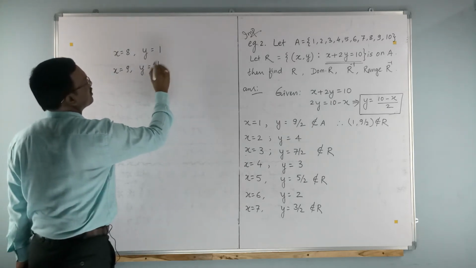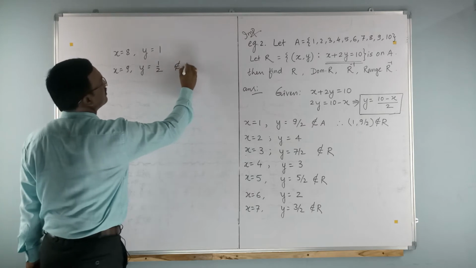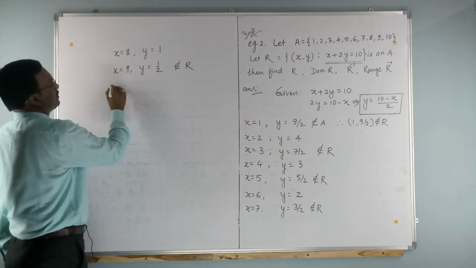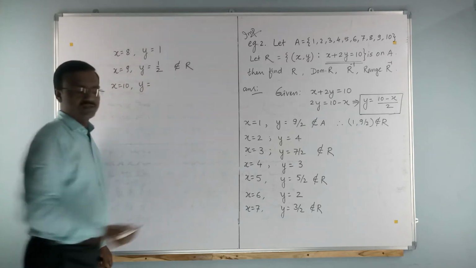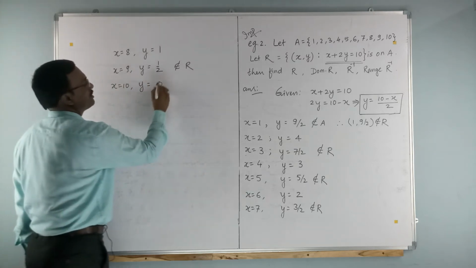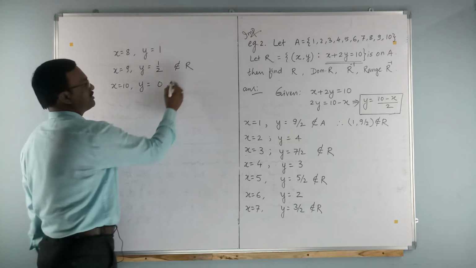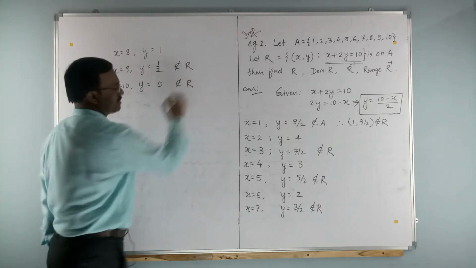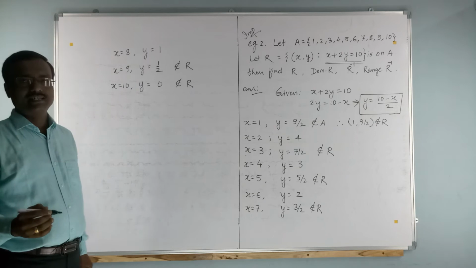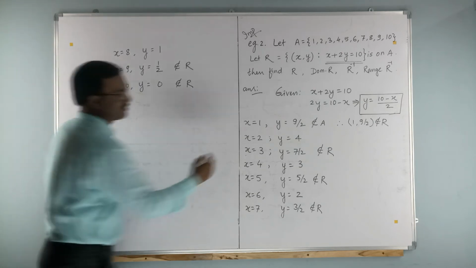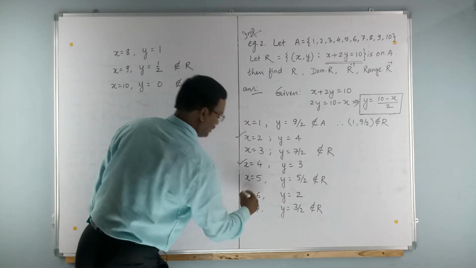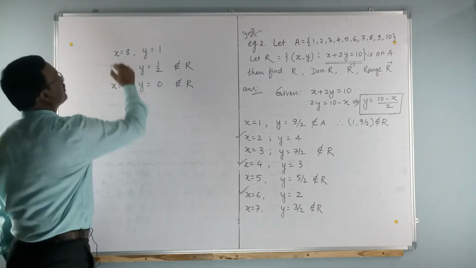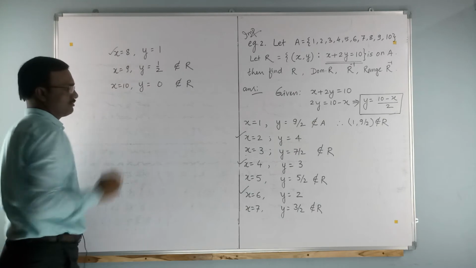So this does not belong to A, so this does not belong to the relation. x equal to 10, y is equal to 10 minus 10 is 0, 0 by 2 is 0. So 0 is also not in A, so this also does not belong to the relation. So let us see which are the elements which follow the relation. I will tick those: this 1, 2, 3, 4, that's all.